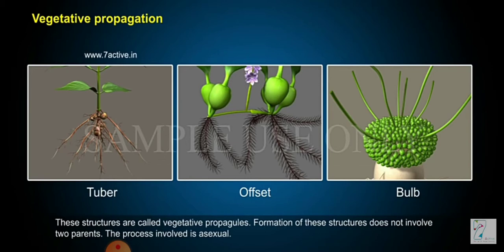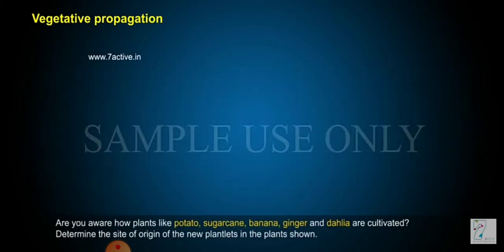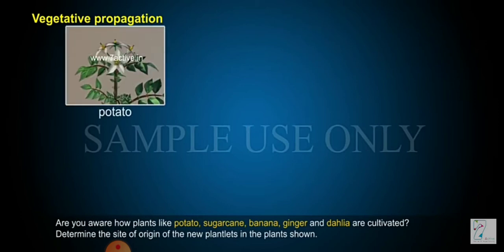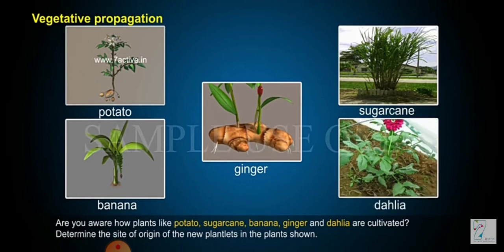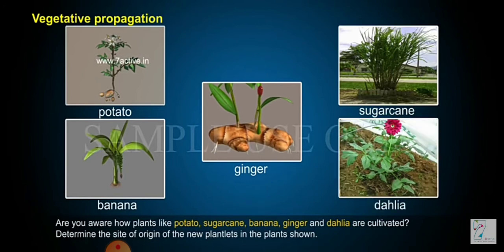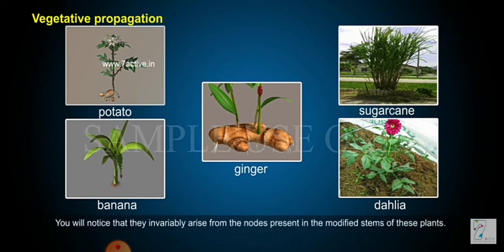The process involved is asexual. Are you aware how plants like potato, sugarcane, banana, ginger, and dahlia are cultivated? Determine the site of origin of the new plantlets in the plant shown. You will notice that they invariably arise from the nodes present in the modified stems of these plants.